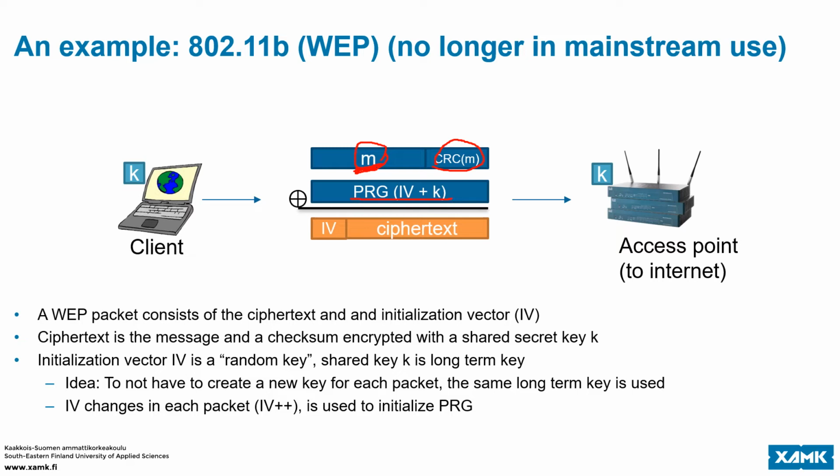This produced a WEP packet that contained the ciphertext and an initialization vector, here called IV. The ciphertext was the message and the checksum encrypted with a shared secret key. The initialization vector was a random value, and the shared key K was a long-term key between the client, as in your laptop or your phone, and the access point to the internet.